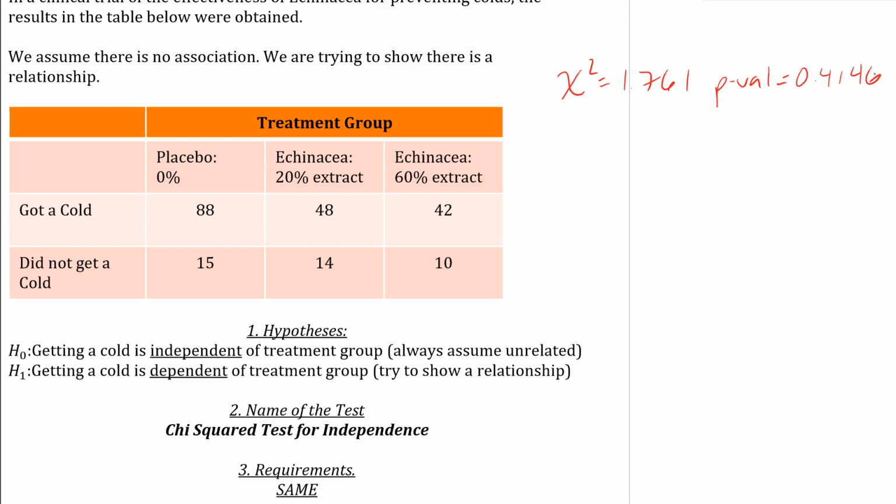And as always, we can finish this off with a sentence to conclude. So since our p-value is greater than 0.05, we fail to reject H naught.